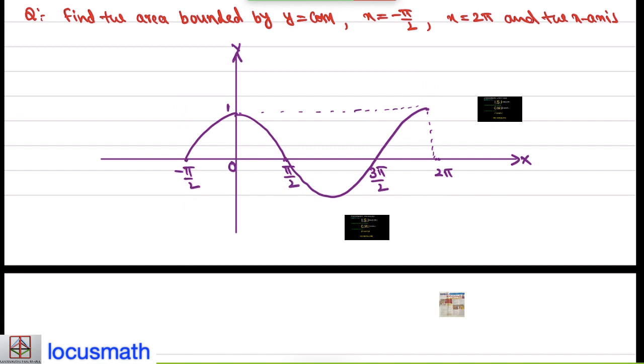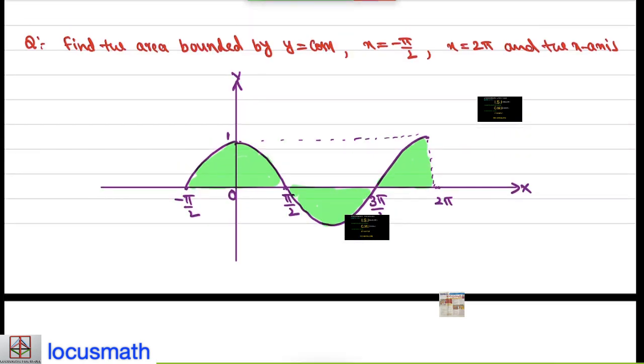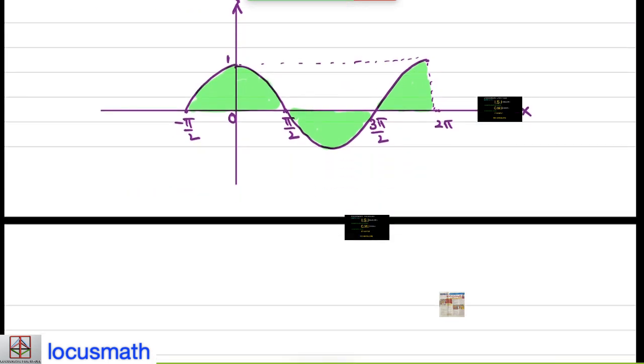So our required area is the shaded region, that is this area, this area and this one. The shaded area is our requirement.